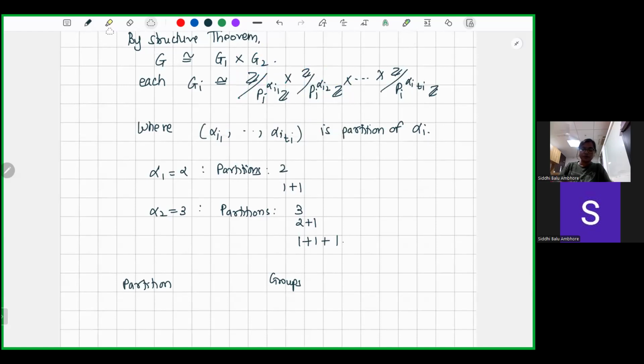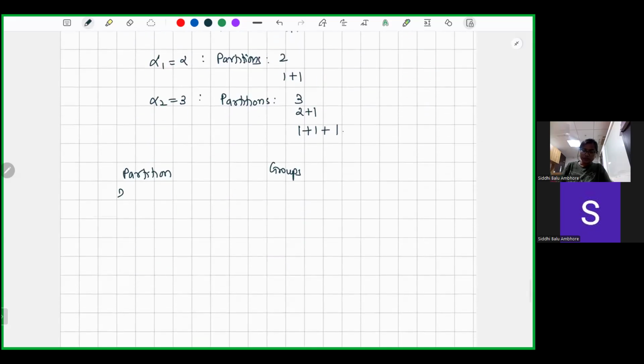So with the 2, I can club this 3, which will give me Z2 square cross Z3 cube.